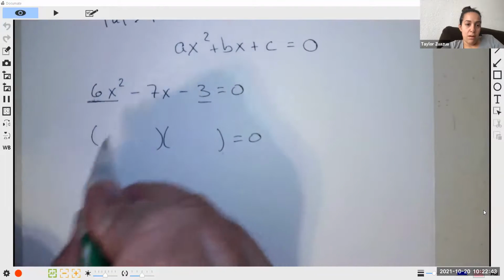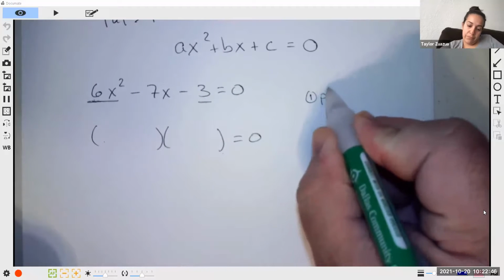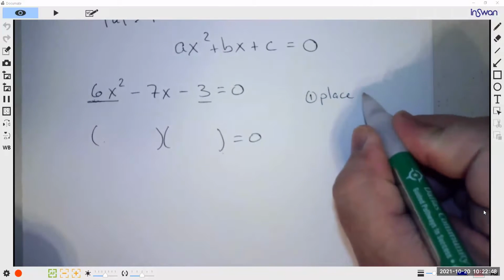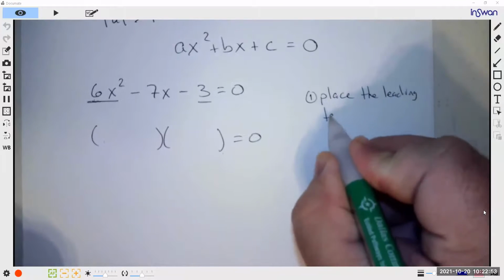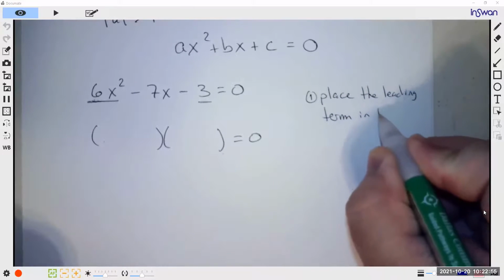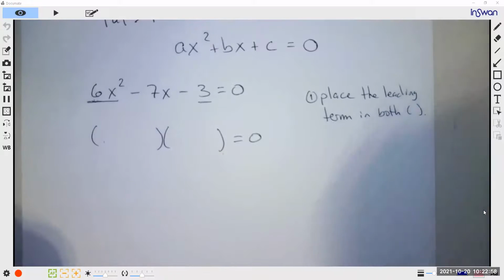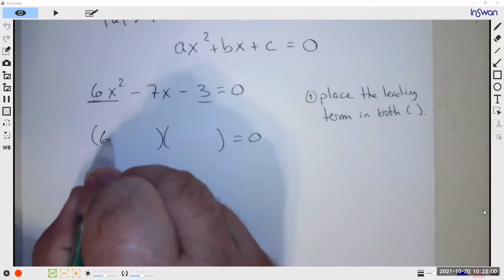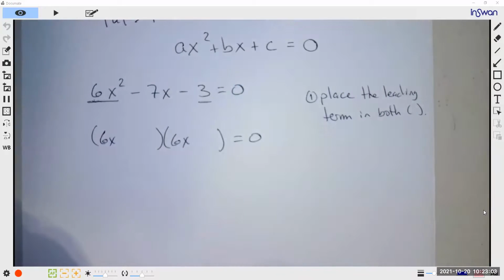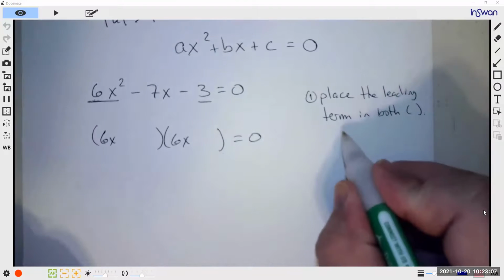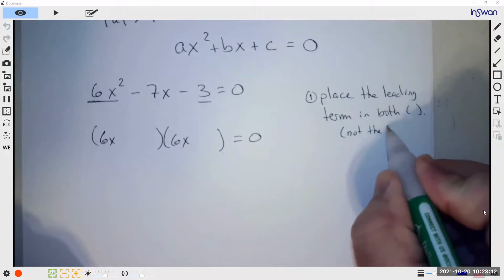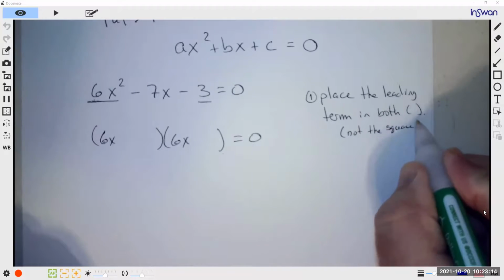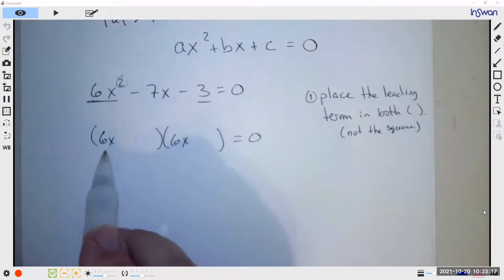So the first step, place the leading term in both parentheses. So we have 6x and 6x. Not the square. So notice we don't put this 2 in there, just 6x and 6x.